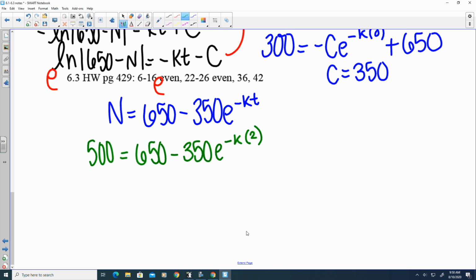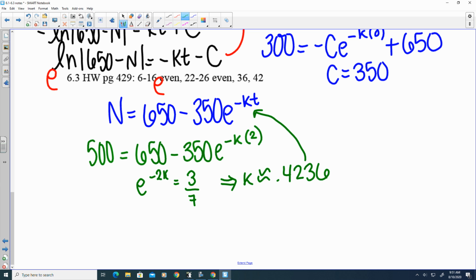Okay, since we are significantly out of room, I'm assuming you are too, since this is just a couple algebra steps, I'm going to get us down to e to the negative 2k equals 3/7. And when I solve that, k is approximately 0.4236.